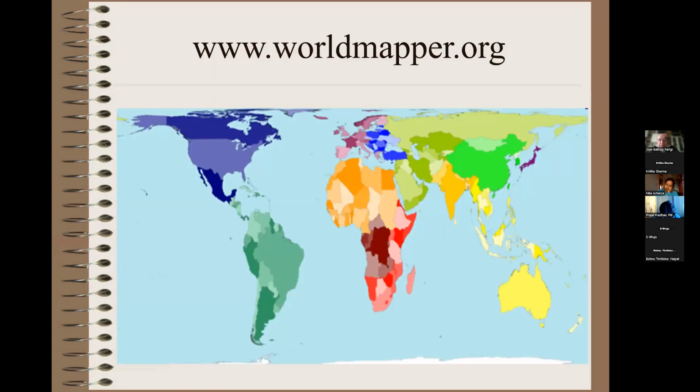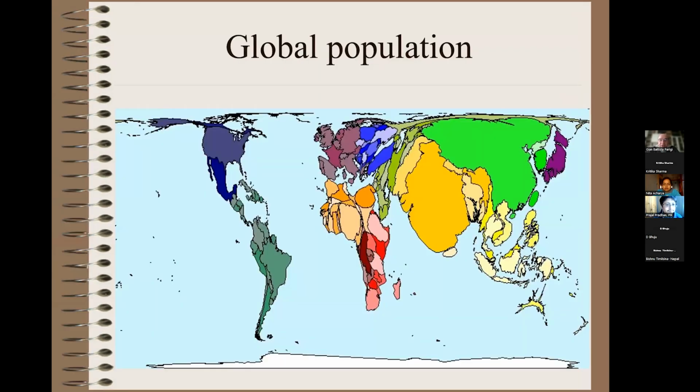I'll also utilize this website, which is very interesting if you don't know it yet: worldmapper.org. Its characteristic is to show the world. Here is the map of the world as we know it, according to the surface of the different countries. But if I change the indicator of the shape, for example to global population, you see that the world changes a little bit.